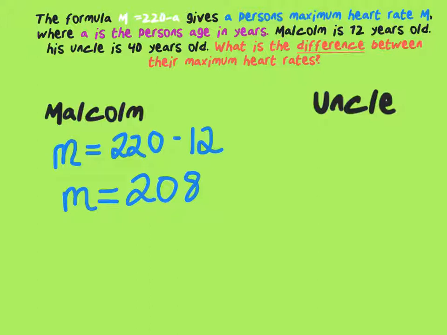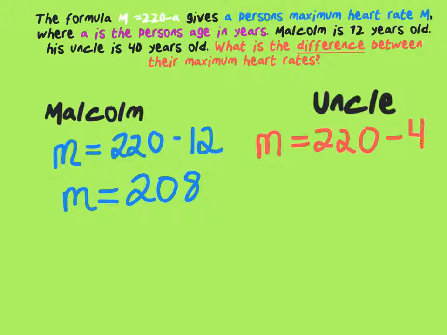Let's do his uncle's. We use the same formula. m equals 220 minus, what are we going to use for the a in this problem? Because we're solving for his uncle's maximum heart rate, we have to use his uncle's age. In this case, he is 40 years old.